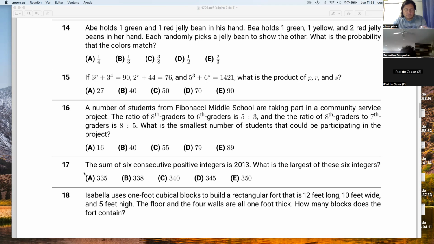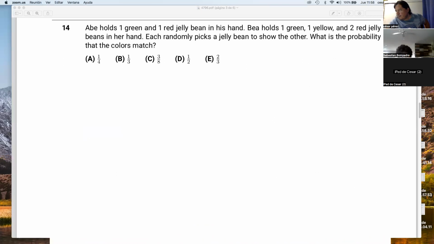Is it half of the time D? Okay, let's see. We can use a tree diagram. It can be that Abe holds one green and one red jelly bean. So Abe can have green or red.